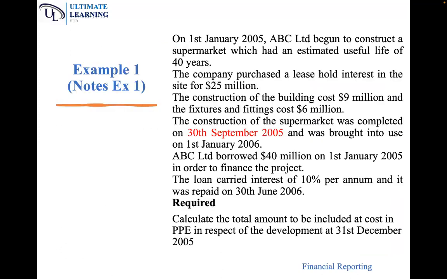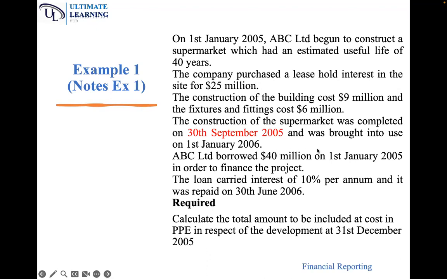Example number one reads: on 1st January 2005, ABC Limited began to construct a supermarket which had an estimated useful life of 40 years. The company purchased a leasehold interest in the site for $25 million. The construction of the building cost $9 million, and the fixtures and fittings cost $6 million. The construction of the supermarket was completed on 30th September 2005 and was brought into use on 1st January 2006.